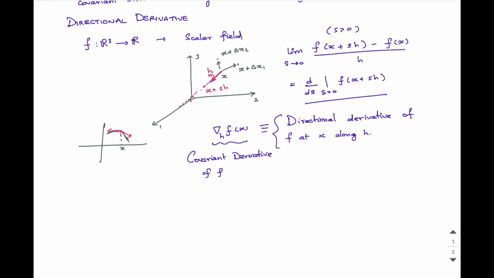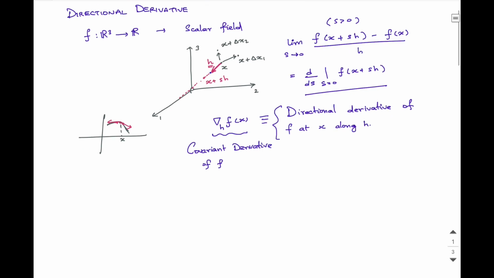So now you know how to compute the directional derivative. So let's do that. Suppose I'm given a smooth scalar field f. What is the directional derivative of f along h at the point x? Remember that this is defined as the derivative at s equal to 0 of f of x plus sh.